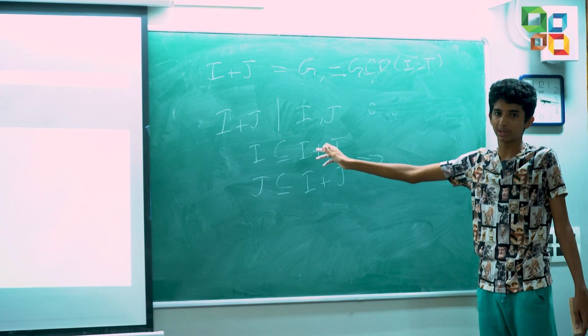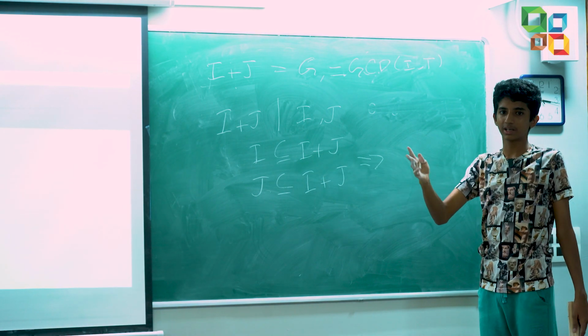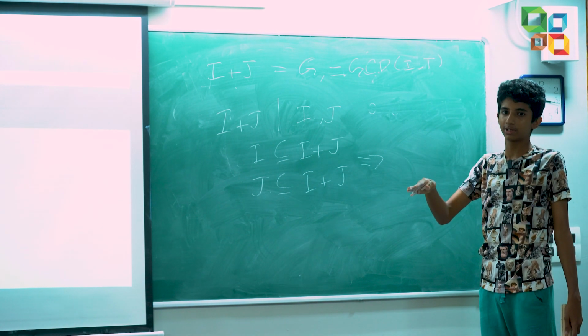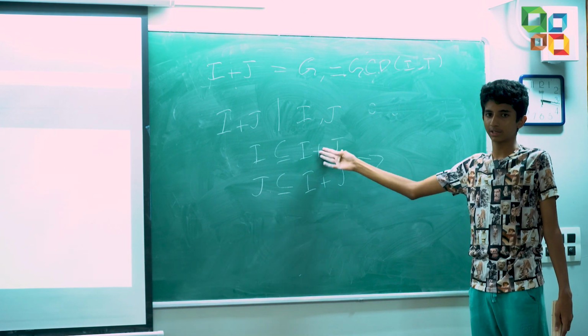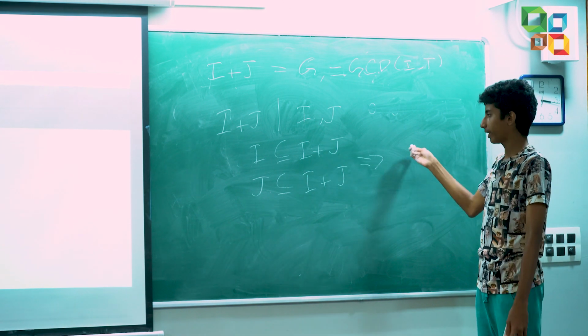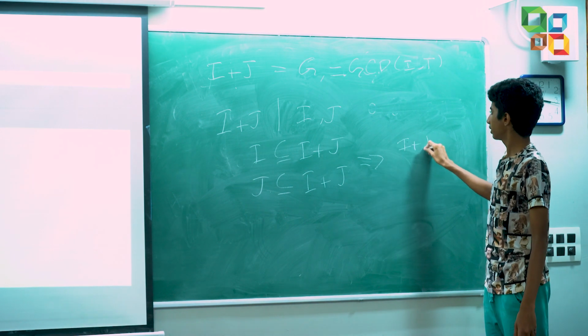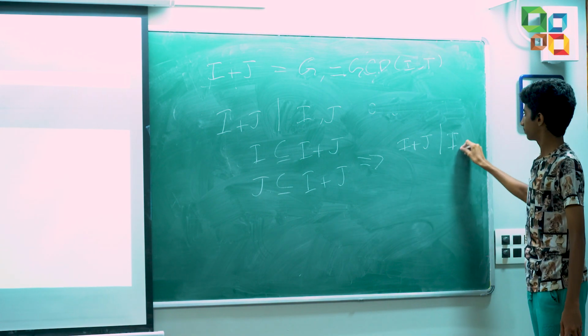Two ideals are subsets of each other. A divides B, B is a subset of A. So I plus J divides I comma J.